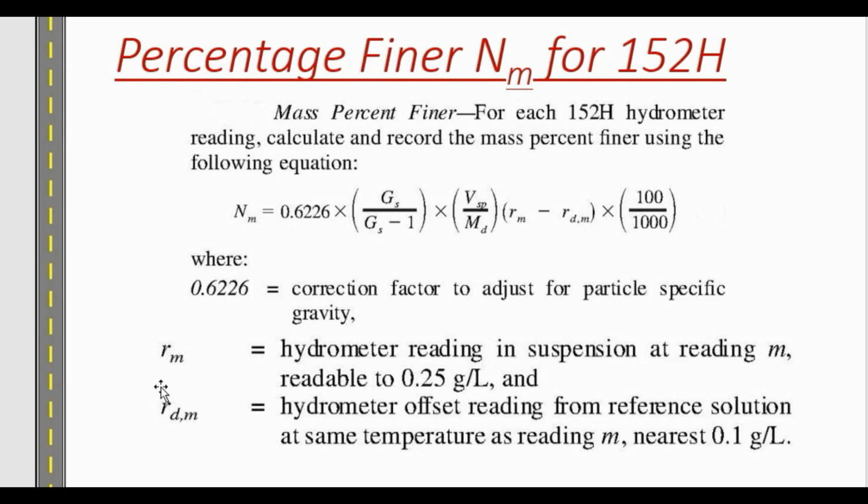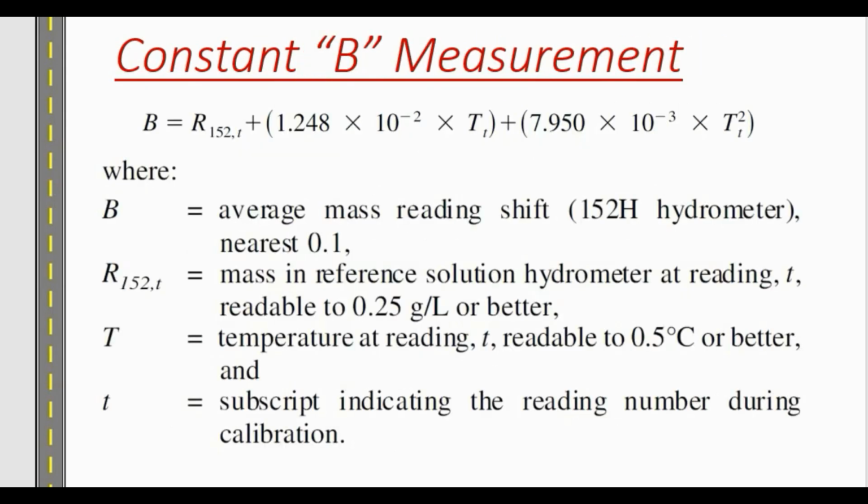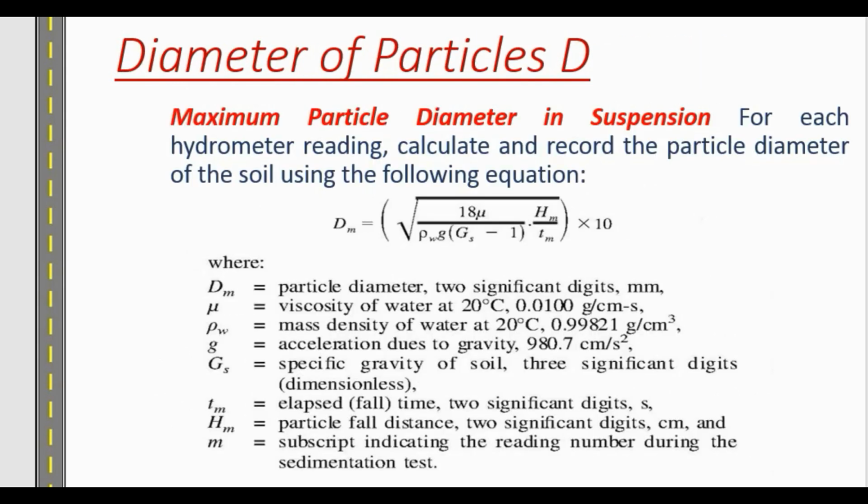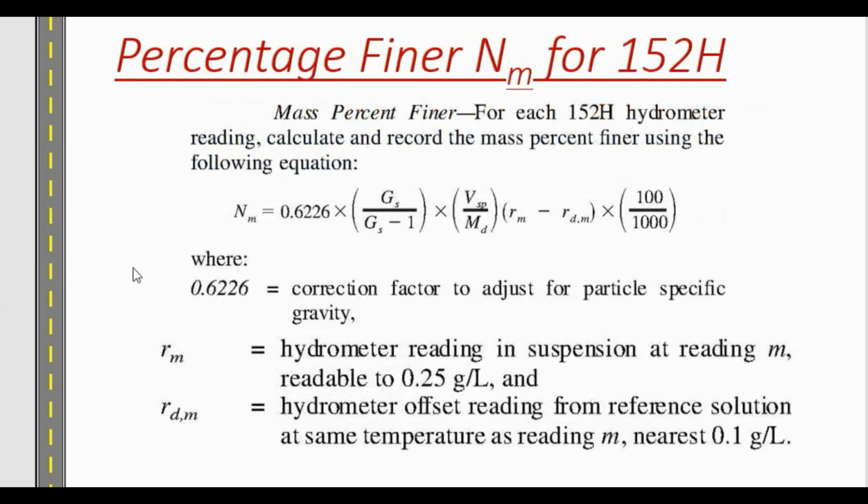RDM, that will be temperature density correction reading, that earlier we have discussed on the basis of constant B. We use the constant B and calculate the RDM value, and using this equation for 152H we will find out our percentage passing.